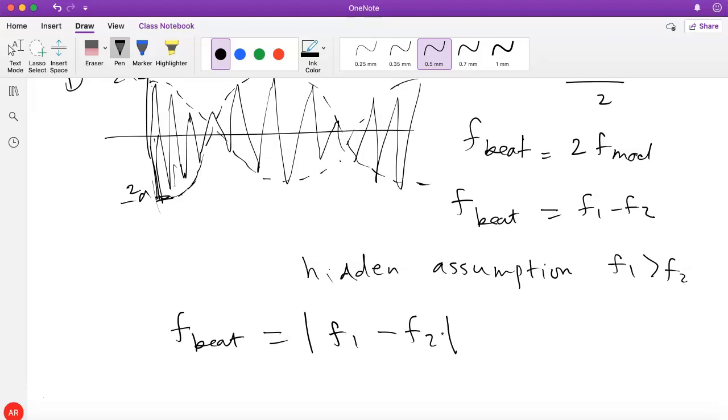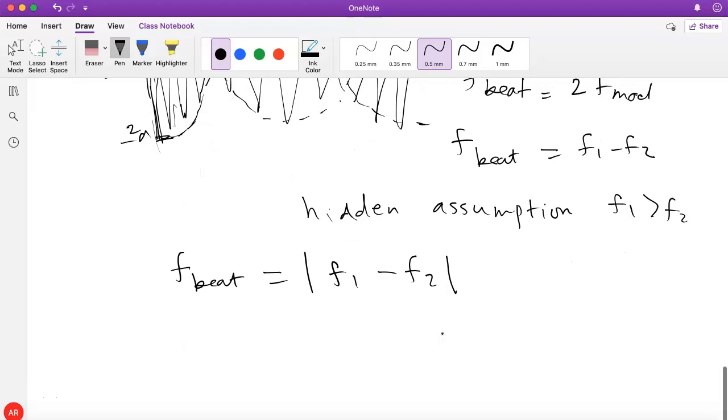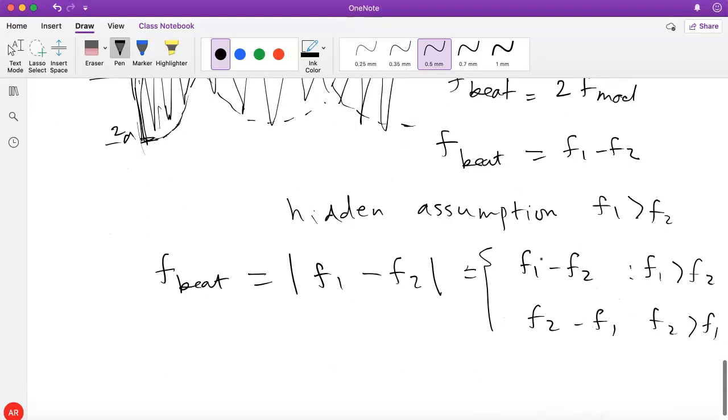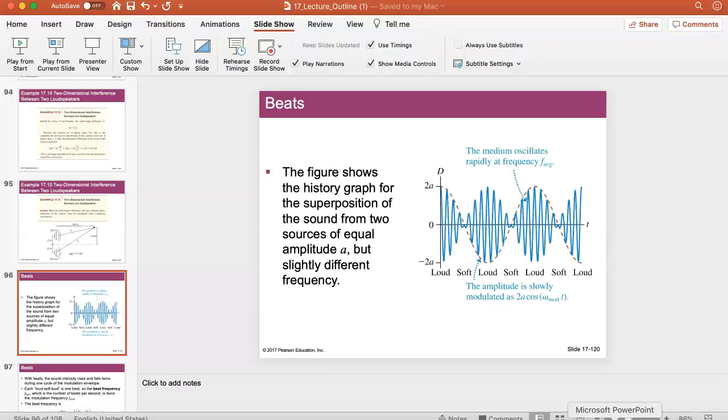If f2 is the larger one, we're going to get f2 minus f1. So thinking about the absolute value, this is f1 minus f2 for f1 larger than f2, and it's f2 minus f1 if f2 is larger than f1. All right, so that's the theory of the beats, and we come up with this simple formula for the beat frequency.